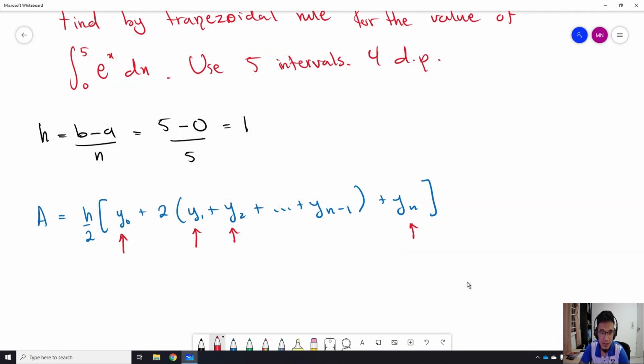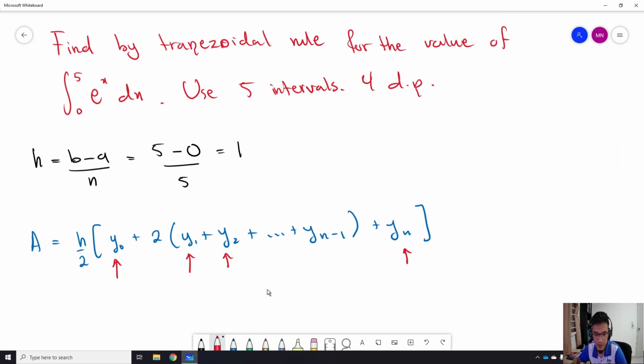Okay, so since we have 5 intervals, 5 intervals equal 6 ordinates. I explain it over here. So this will be x0, x1, x2, x3, x4 and finally x5. So there will be 5 intervals: 1, 2, 3, 4 and 5.